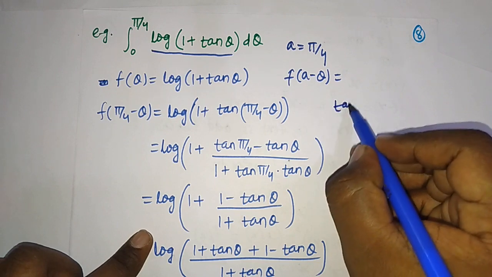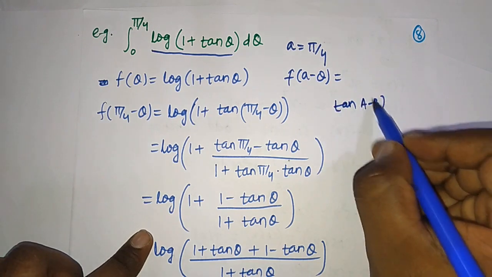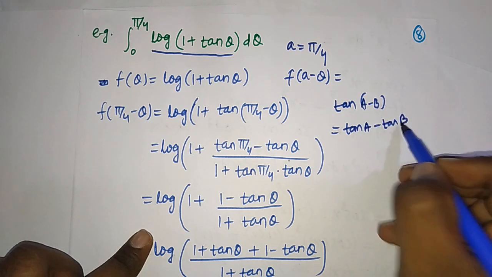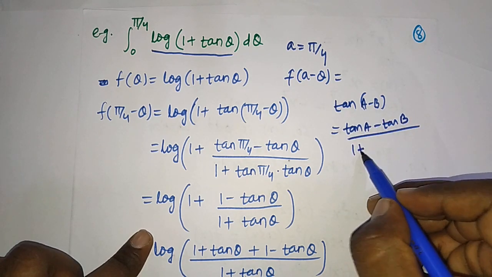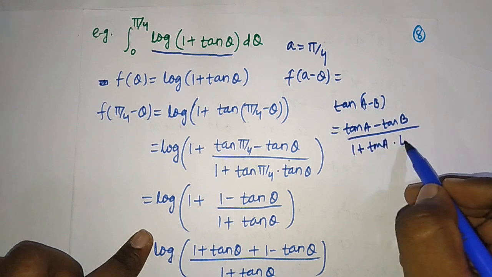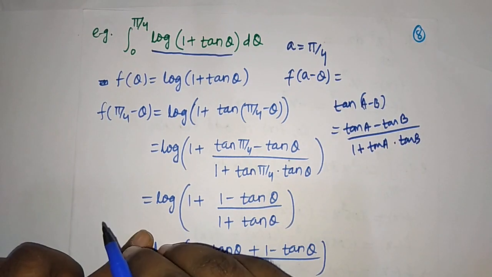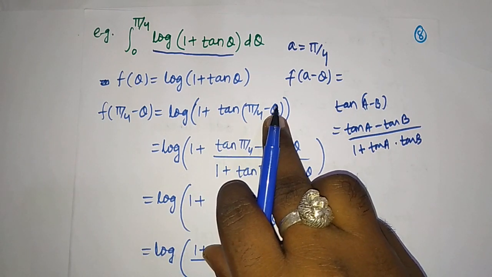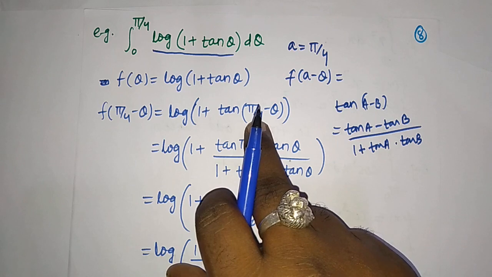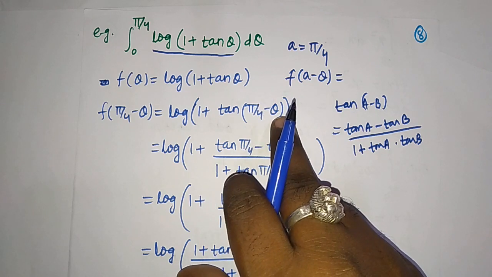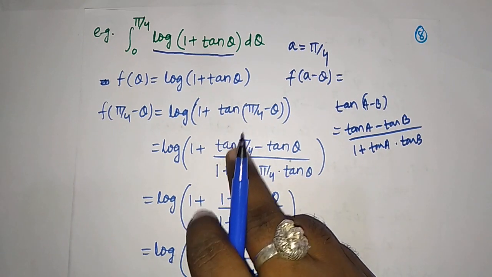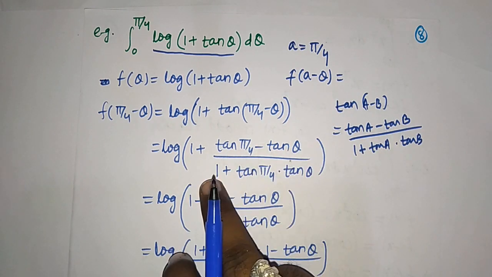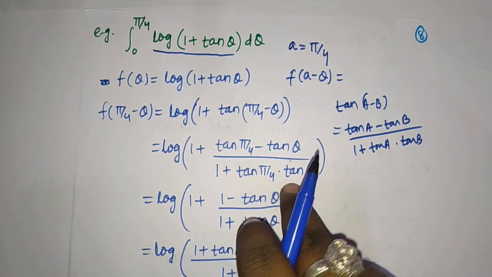You know the tan a minus b formula is equal to tan a minus tan b divided by 1 plus tan a into tan b. So here tan of pi by 4 minus theta is there, so in place of a, pi by 4 is there, and in place of b, theta is there, so by applying this formula you will get tan pi by 4 minus tan theta divided by 1 plus tan pi by 4 into tan theta.